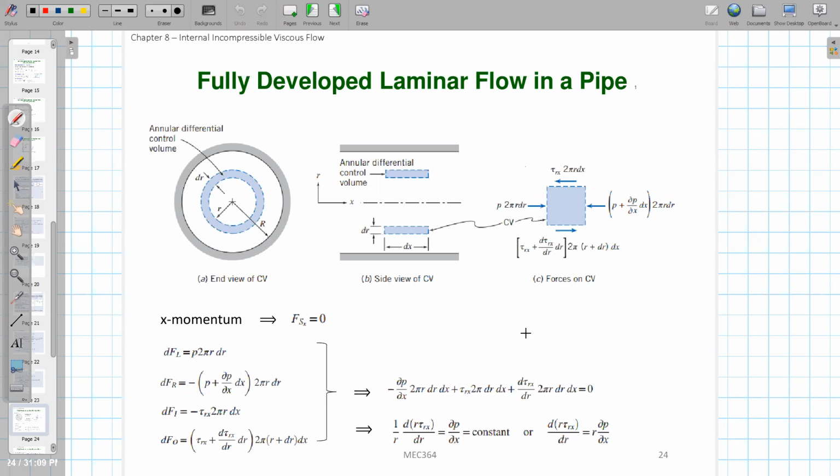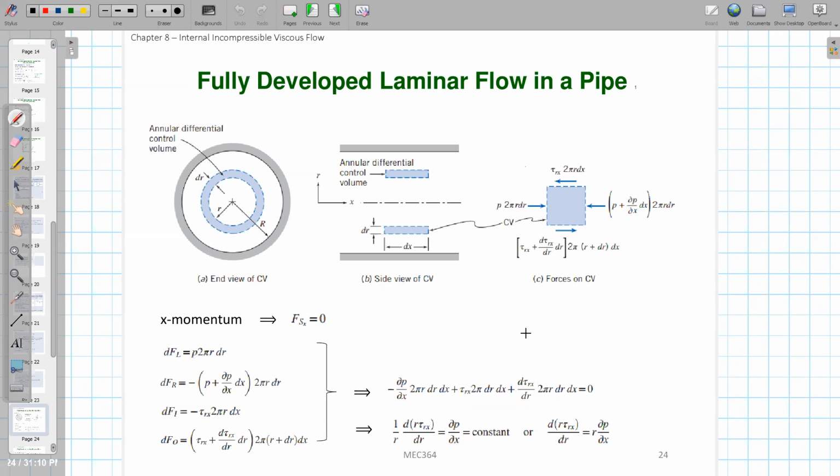Because it's a circular pipe, the flow is axisymmetric, so we do not need to consider variation in the theta direction. We can assume there is no variation in the azimuthal direction because the flow is symmetric over 360 degrees.